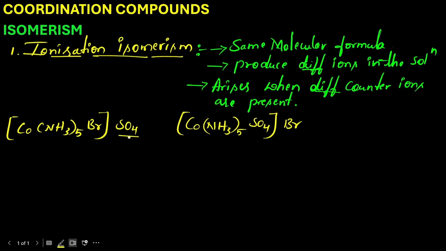Here the counter ion is SO4 and here the counter ion is Br. In solution, it produces the ions [Co(NH3)5Br]2+ and SO4 2-. These are the ions produced in the solution.